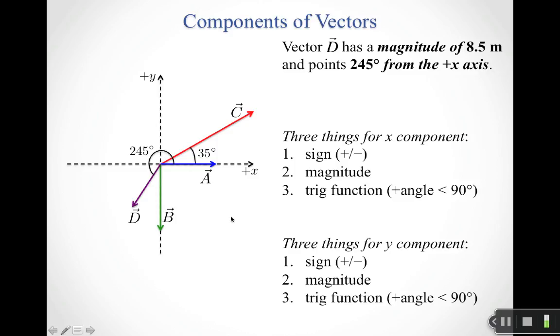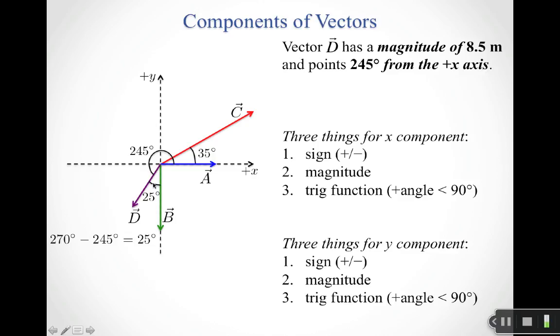Now, I happened to choose this angle relative to the x-axis, but there's no reason you couldn't have chosen this angle. It happens to be 25 degrees relative to the y-axis. You can get to vector d by starting at the positive x-axis, going 270 degrees all the way around to negative y, and then going back 25 degrees.